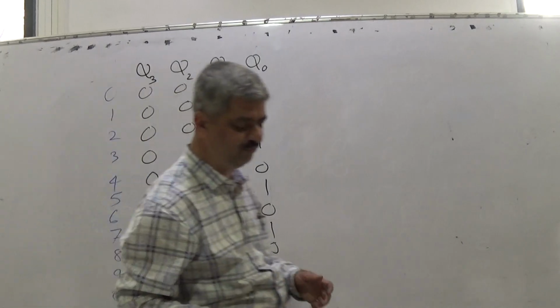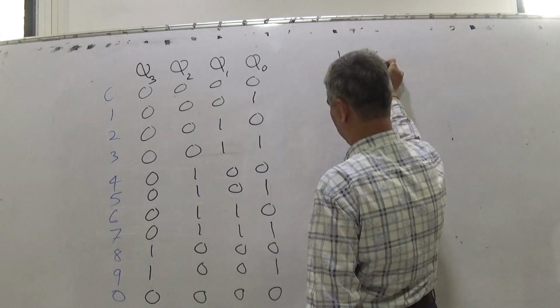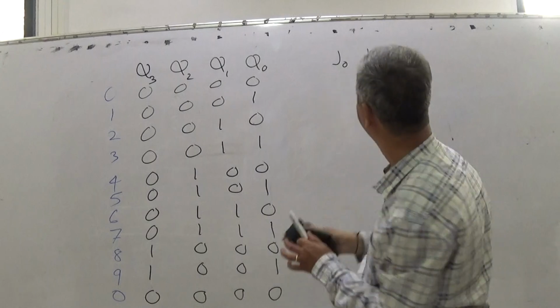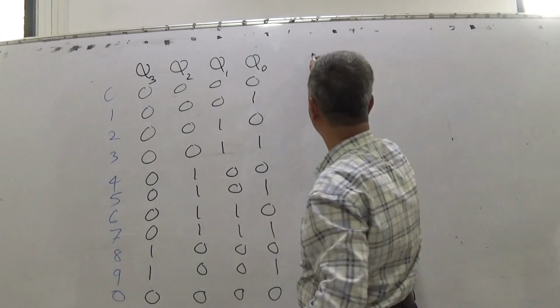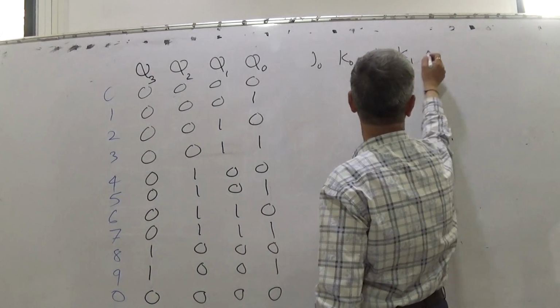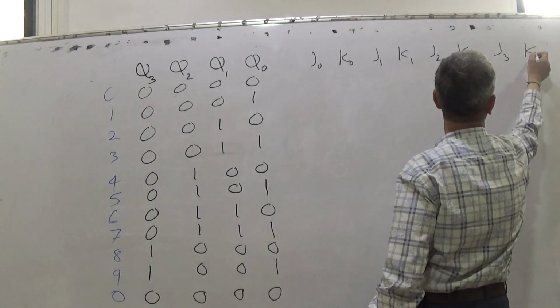So now we have to design J0, K0, J1, K1, J2, K2, J3, K3. All four, so it needs 4 flip-flops.